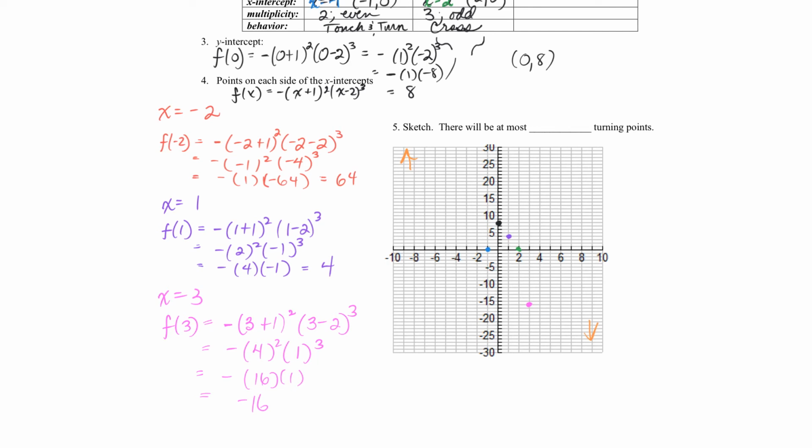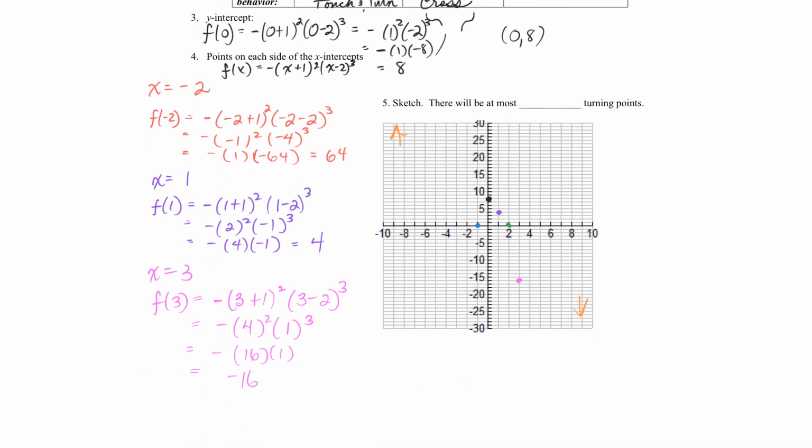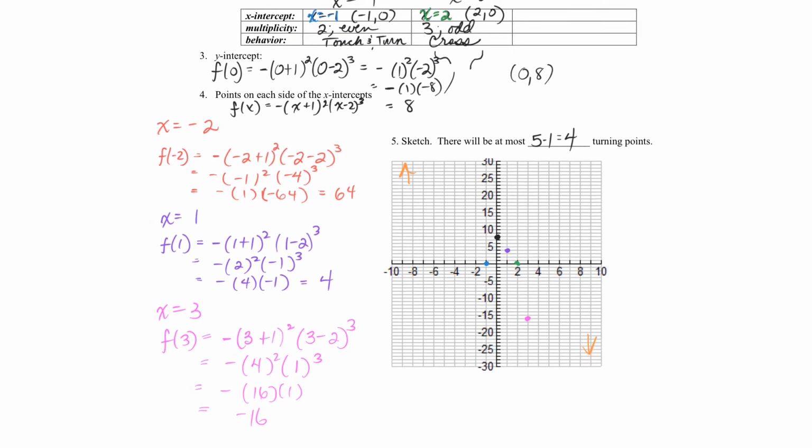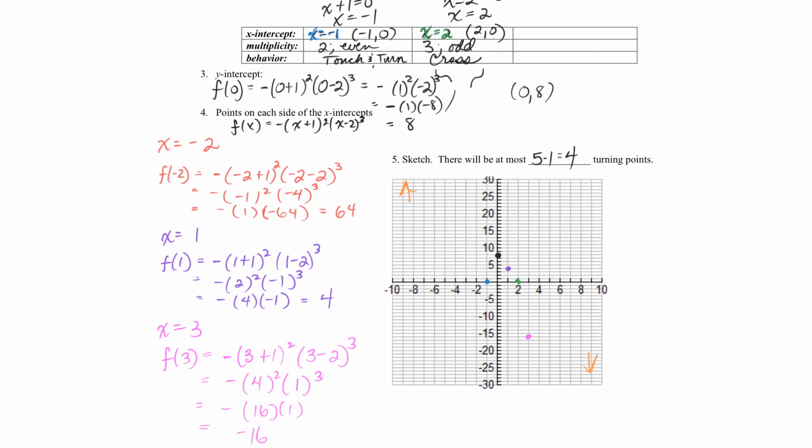Okay. So now I've got my sketches ready to go, right? I do know that because this was a 5th degree polynomial, there will be at most 5 minus 1, 4 turning points. So what I've got now is I know that it's going to be touching and turning at negative 1, and it's going to be doing so from above, right?